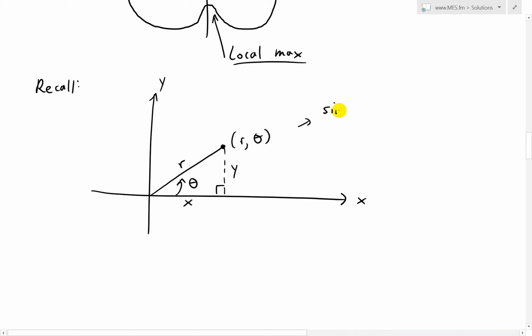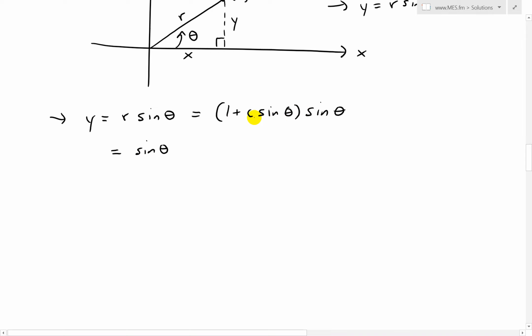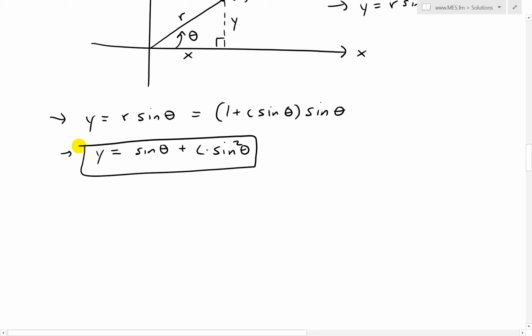Now what this equals is sine theta, and then we multiply that inside, plus c sine squared theta. So this is our y function, basically the vertical component of the coordinates in terms of the angle theta.